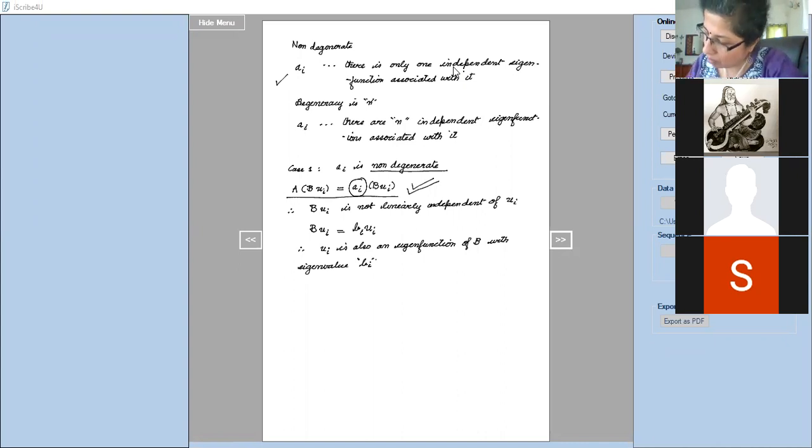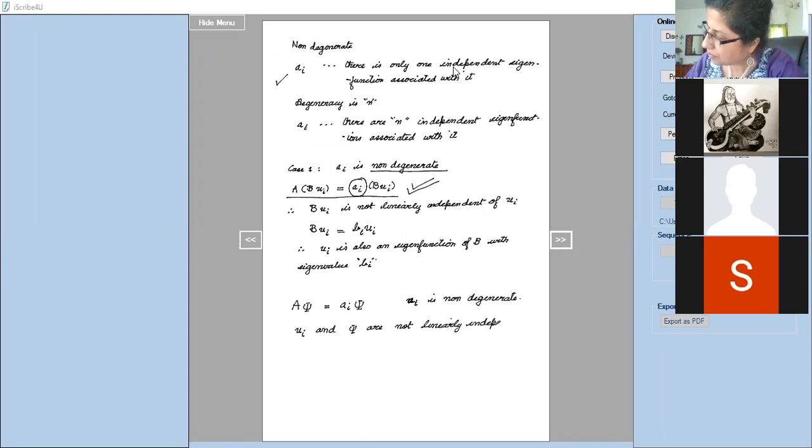Suppose now I find that I get some psi which is equal to AI psi. And I know that AI is non-degenerate. That means this UI and psi are not linearly independent.